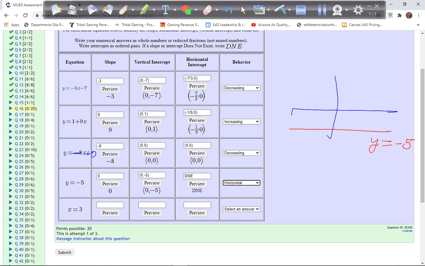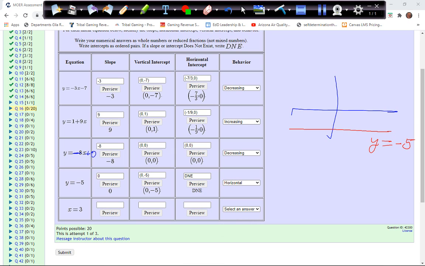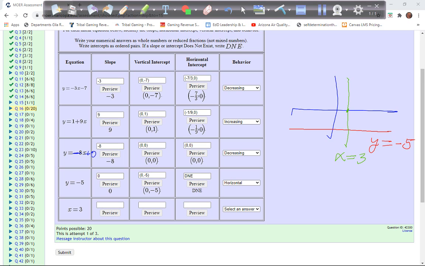And that leaves x equals 3. That's our last thing. That's going to be a vertical line. x is always 3. You see that it's got a horizontal intercept, but it does not have a vertical intercept because it is a vertical line. And the slope here, since it's all rise and no run, it's division by 0.